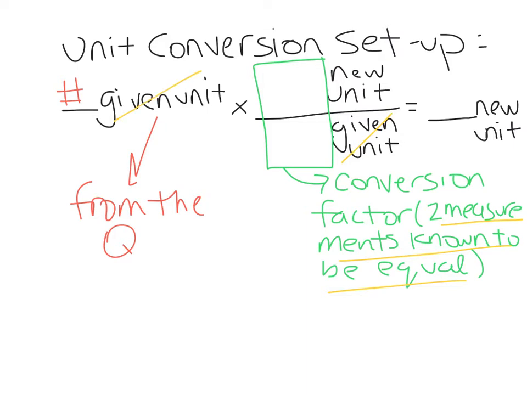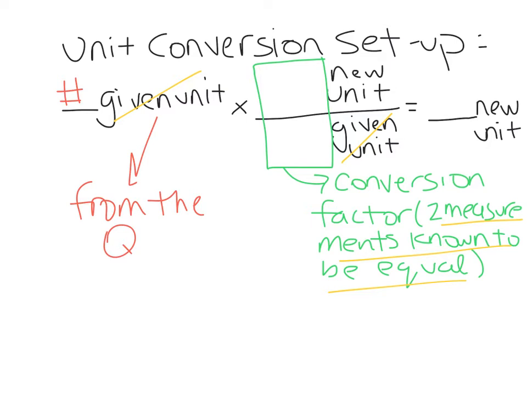They cancel because when you divide top and bottom, given unit divided by given unit equals 1. It goes away. And then the new unit needs to be on the top. So when you do the math, you're going to be doing given unit times new unit divided by given unit.